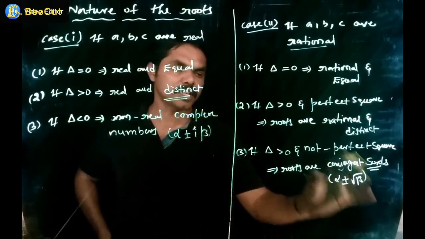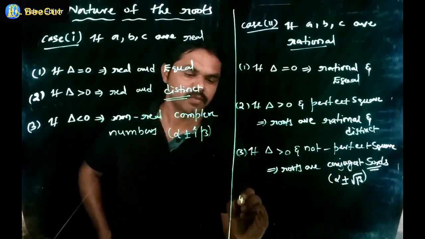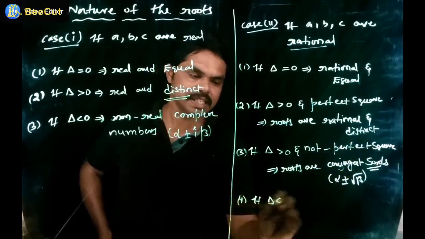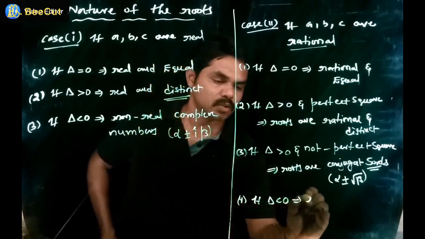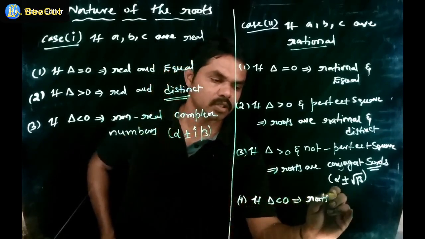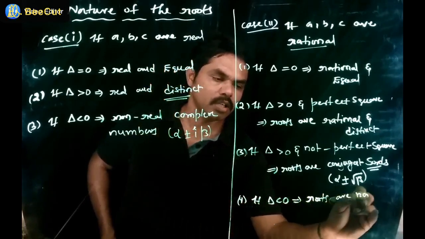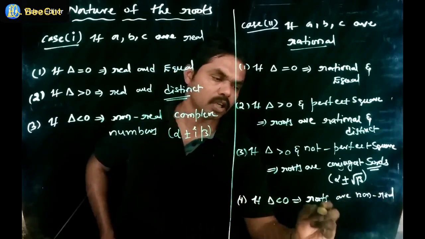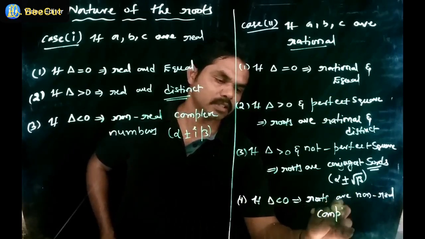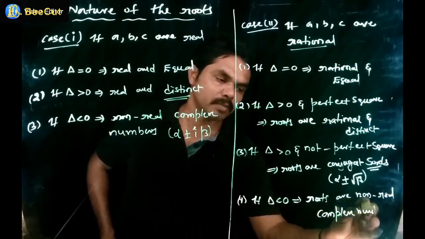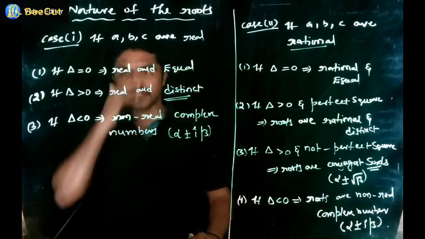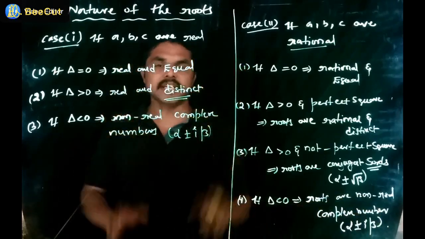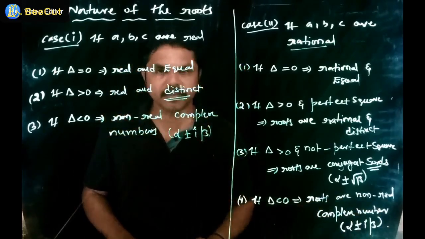Fourth point, if delta is less than 0, it's the same as the case 1 point: roots are non-real complex numbers, that means roots are in the form of alpha plus or minus i beta. So these are the two cases that decide the nature of the roots of a quadratic equation.